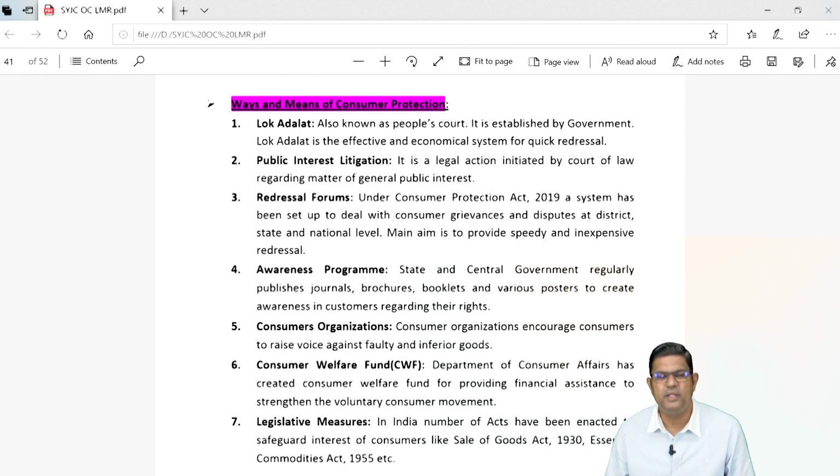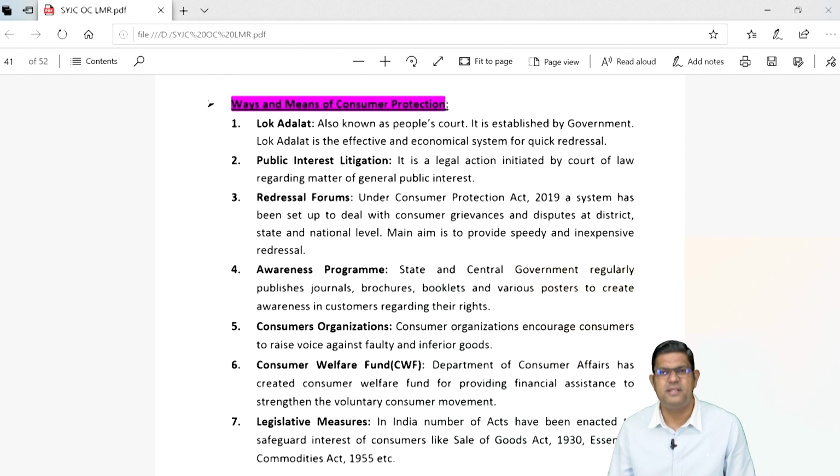Okay, moving to the next one is called public interest litigation, जिसको हम लोग PIL बोलते हैं. It is also called जनहित याचिका. जन public, hit for the benefit of, and yachika is nothing but a particular proposal.